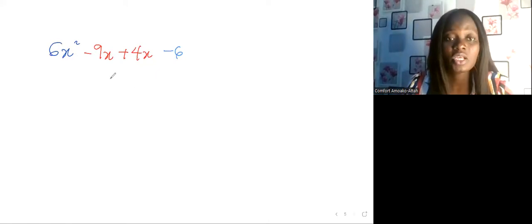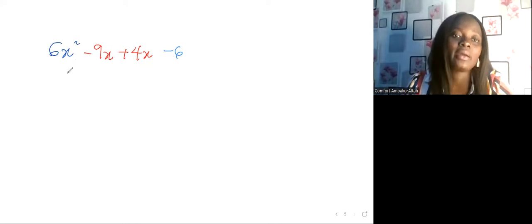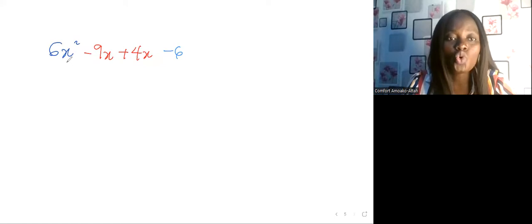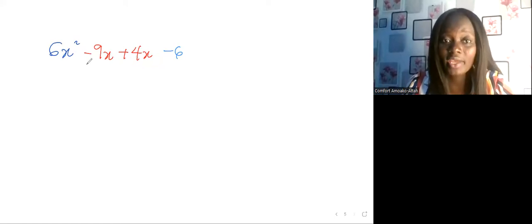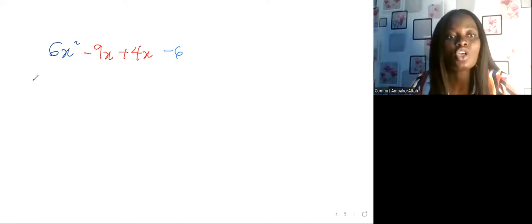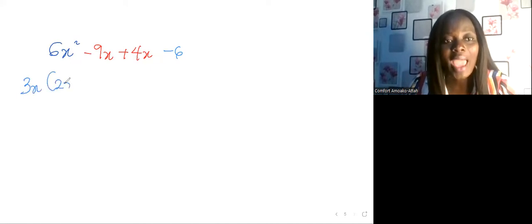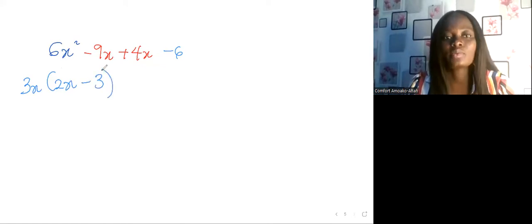When you get this, you are almost done. Then you now factorize out. With these two, what can you factorize out over here? We can factorize 3x out. So if 3x comes out, you are getting 2x minus 3 at this one.